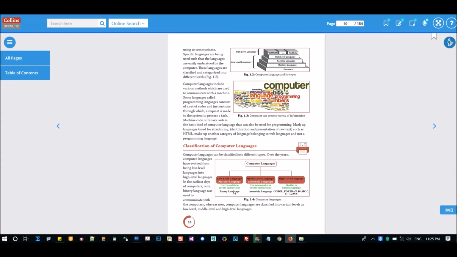So binary numbers are low level, that is 0 and 1, and middle level language means assembly language. Okay, high level language, the examples here: COBOL, Fortran, BASIC, C, C++, Java. So these are the three types of computer languages that we have here, and we'll be studying them one by one. Okay, so let's go to the next page.